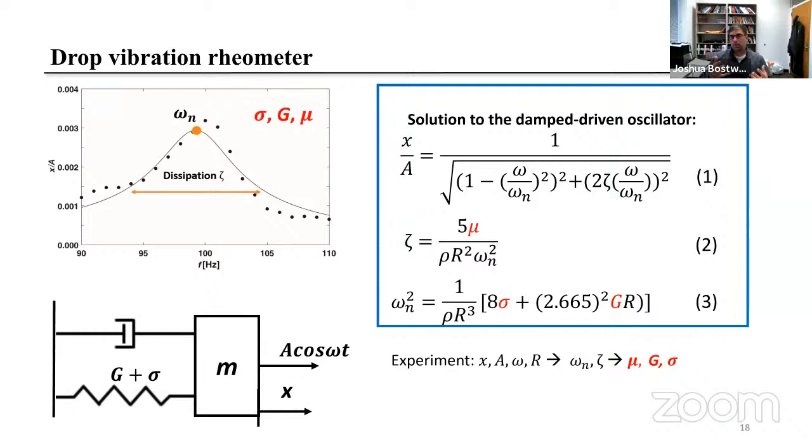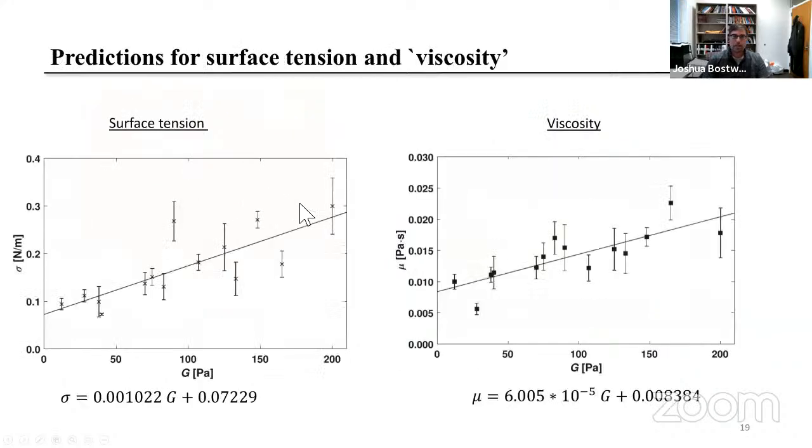Basically, what we've done is take a classic damped driven oscillator model and associate physics for our problem with all these constants. We're going to take this theoretical curve for the frequency response and fit that to our experimental data. When we do that, treating surface tension and viscosity as unknown parameters, we get the following predictions. On the left, you see the predictions for the surface tension, and on the right, you see the predictions for the viscosity of a soft agarose gel, as it depends upon the shear modulus.